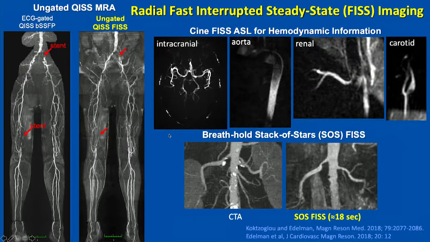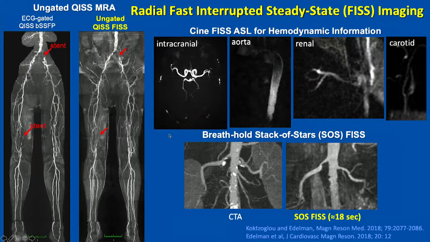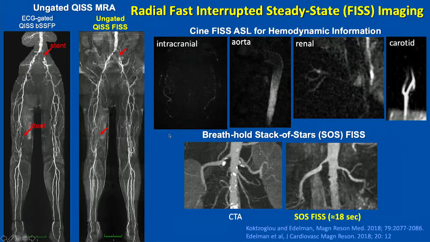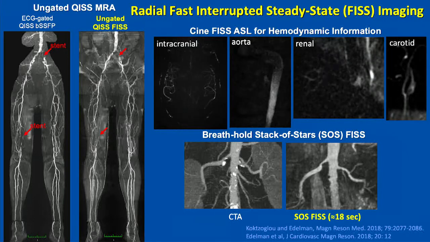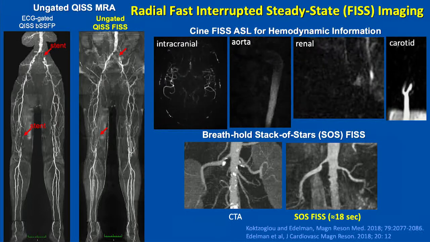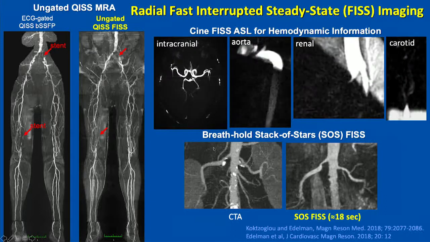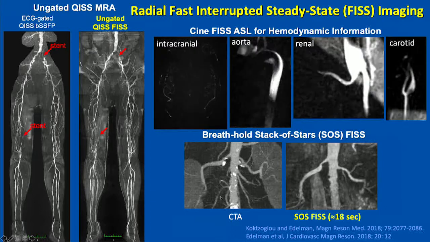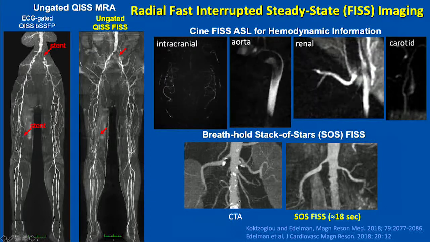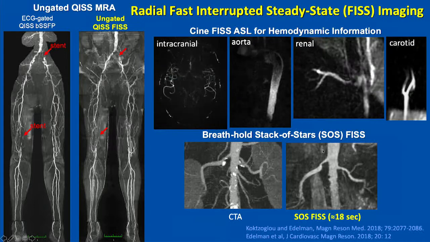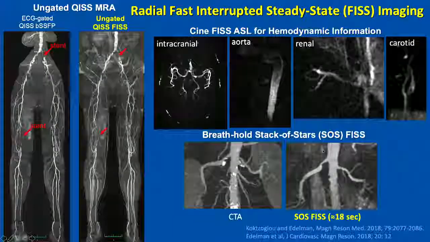When combined with arterial spin labeling, we can get dynamic visualization of flow with high temporal resolution as well as spatial resolution. And I think I've already shown this example. We can use this approach for 3D imaging in the abdomen with an intrinsic fat suppression, as shown here in this 18-second breath hold exam.